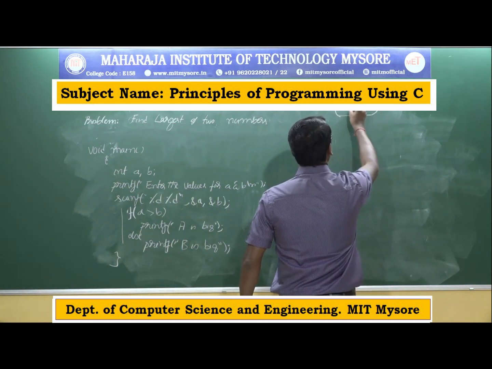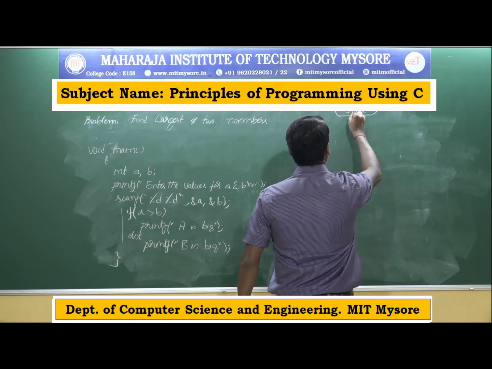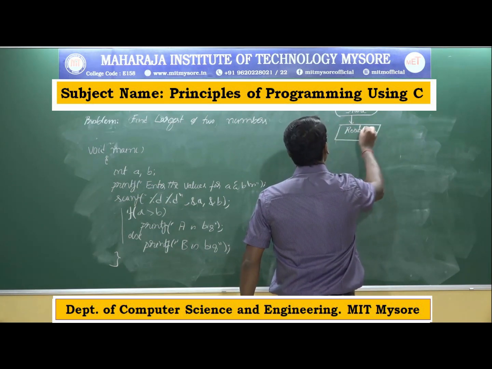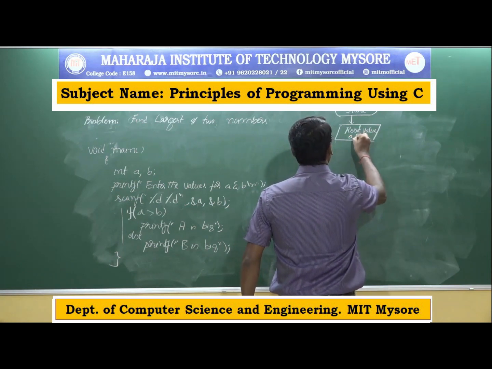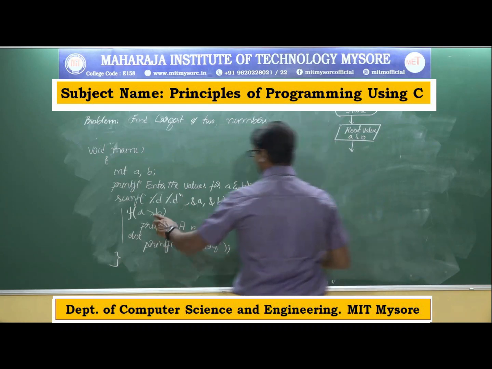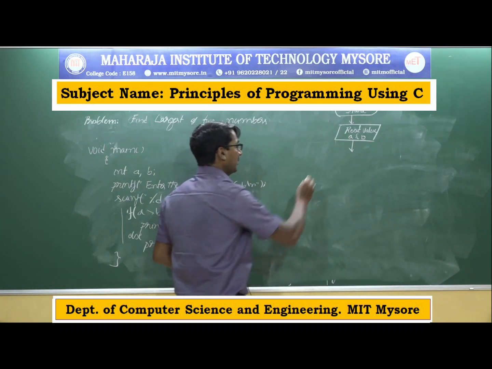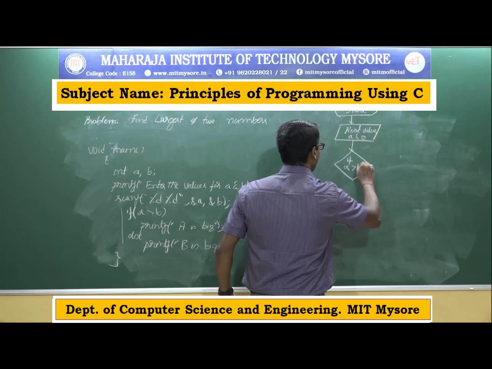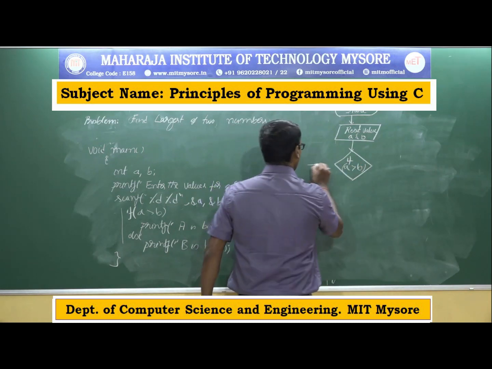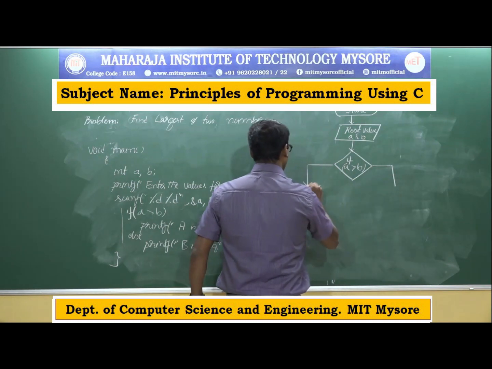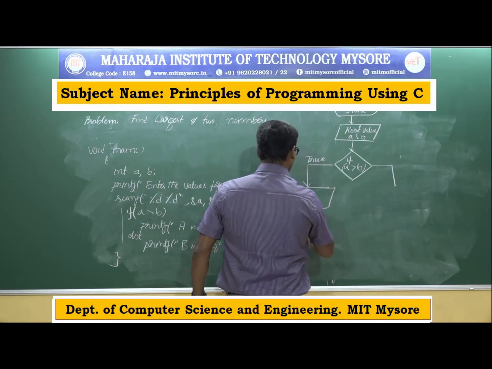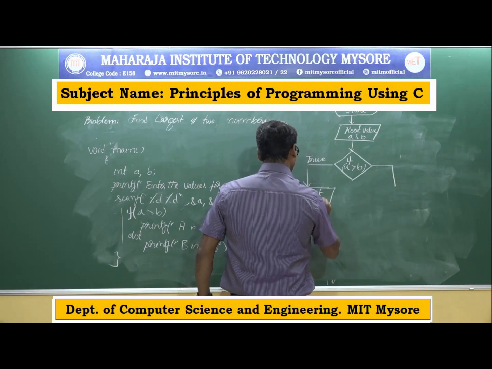So first is the start, then read the values A and B, then we need to check the condition, that is A greater than B. So a rhombus symbol, if A greater than B. Two alternates, one alternate is the true alternate. So here I will display print A is big.